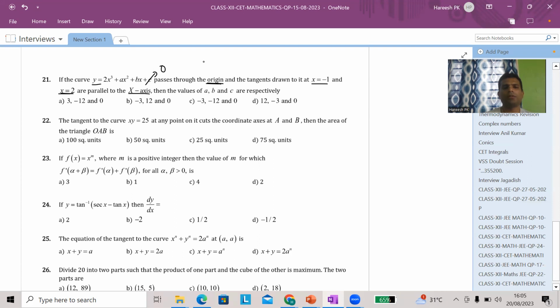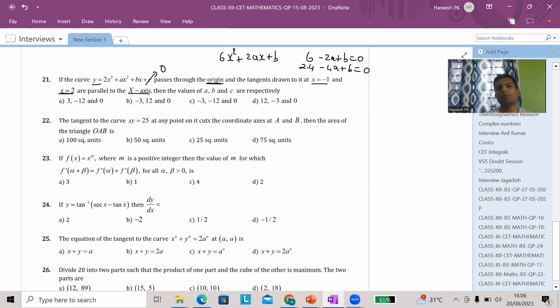Matlab slope is 0. So let's differentiate. I get 6x square plus 2ax plus b. And then when you substitute minus 1, you'll end up getting 6 minus 2a plus b. That should be 0. And when you substitute 2, you'll end up getting 24 minus 4a plus b is 0.